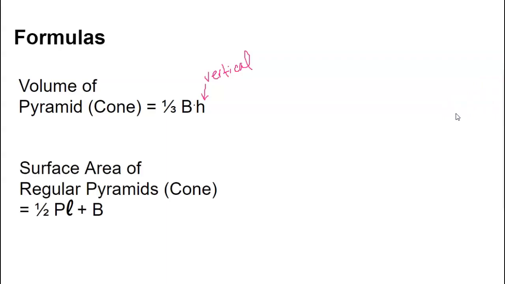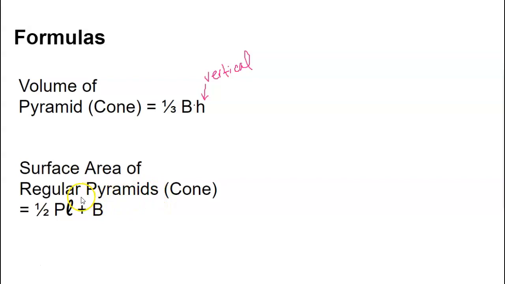Now for surface area, the big rule of surface area is always find the area of all of the faces and add them up to find the surface area of a three-dimensional shape. And for most pyramids, that's what you have to do.